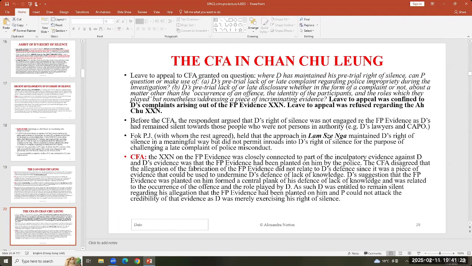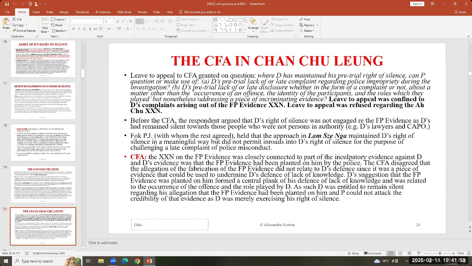So the Court of Final Appeal still upholds this approach in Lam Sinar, that cross-examination is permissible about a delay when it comes to an issue about the admissibility of the confession. But the CFA find that this line of cross-examination about the fluorescent powder was actually closely connected to the defendant's defense because it went to his lack of knowledge.